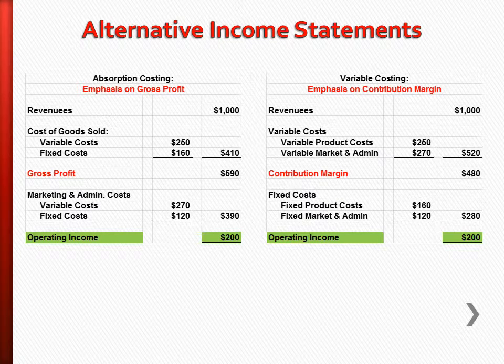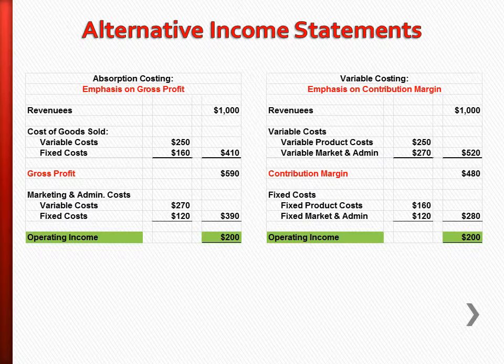So on variable costing, we see the same revenues of $1,000, and then all variable costs, variable product cost, $250, but also variable marketing costs, such as a sales commission. When we subtract all variable costs from revenues, we arrive at something we identify as the contribution margin.